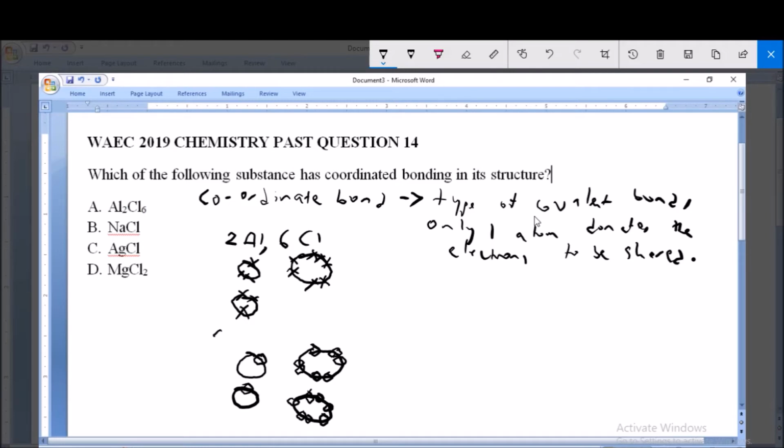Magnesium has 2 electrons on its outermost shell. So let's take this to be our magnesium with 2 electrons on its outermost shell. Now it combines with 2 chlorine atoms that have 7 electrons each on their outermost shell.